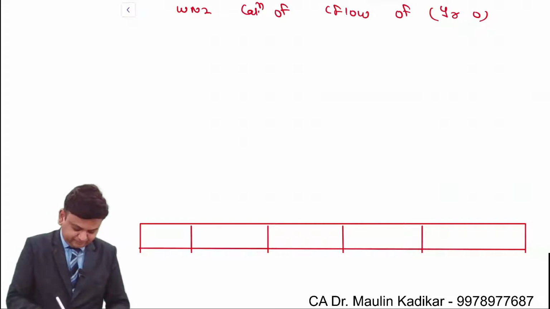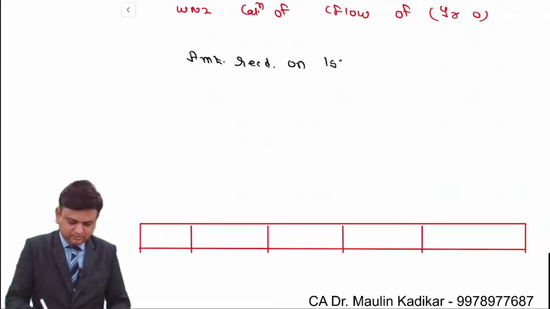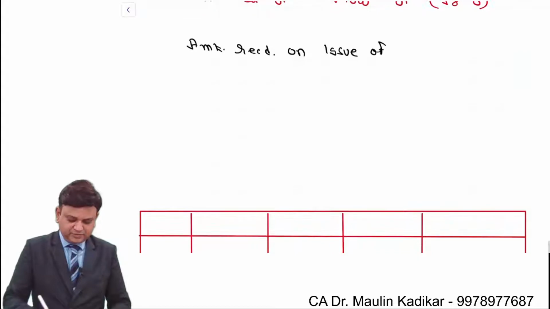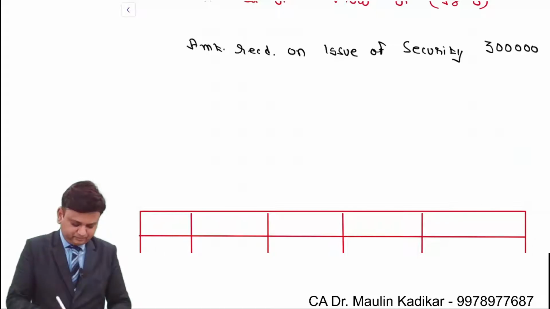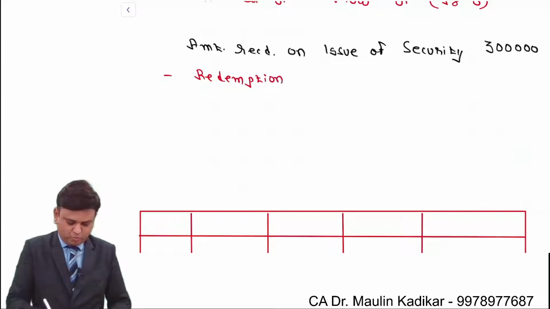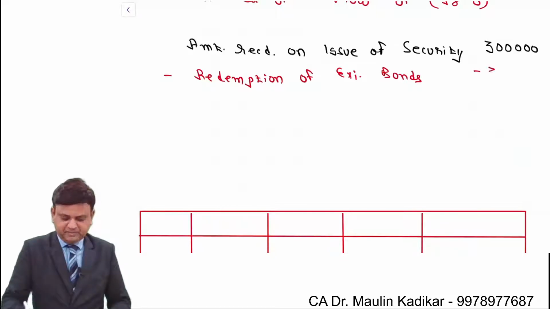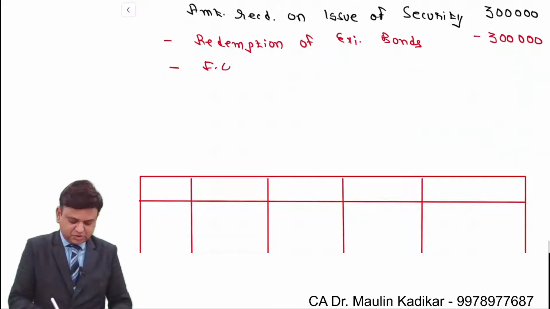It will be like this: amount received on issue of security, an amount of 3 lakhs, minus redemption of existing debentures or existing bond, that is an amount of 3 lakhs, minus flotation cost for new issue.